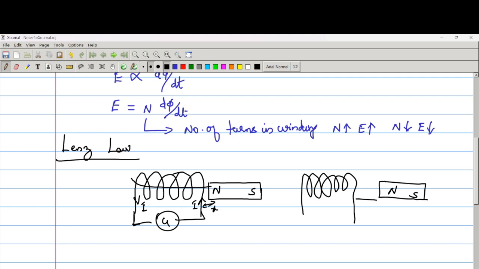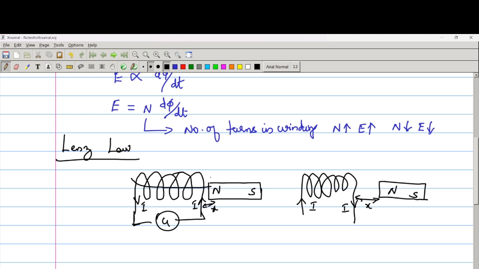When I move this magnet away from the winding, the current direction is reversed. That means current is moving like this and coming out like this. So what he found out is that when the magnet is near, the induced EMF will create an opposing force.